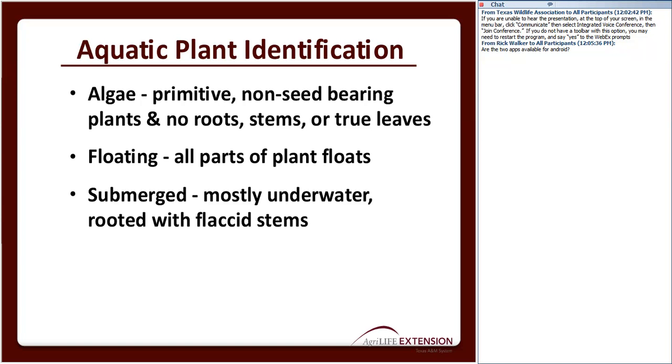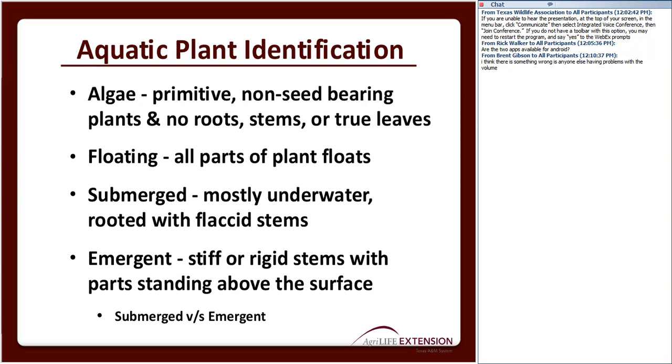Well, if you see a plant in the water and you're not sure what category it's in, reach down, grab it by the base, pull it up, and if it's able to hold itself erect, then it's not a submerged. If it falls over limp, unable to support its weight, well then it's a submerged species.